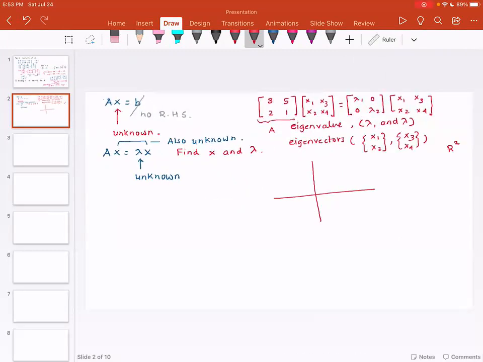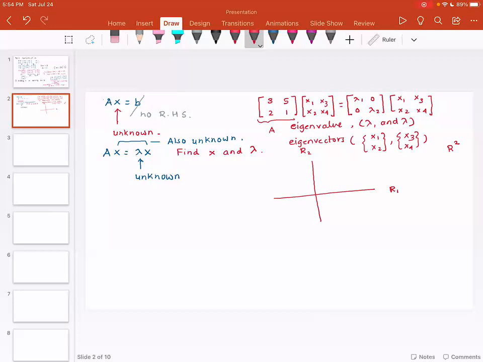One real number line is here. This is R1, and the second real number line is R2. So this space is called the real space in two dimensions. Now, what I'm going to do is I will try to somehow plot these points.